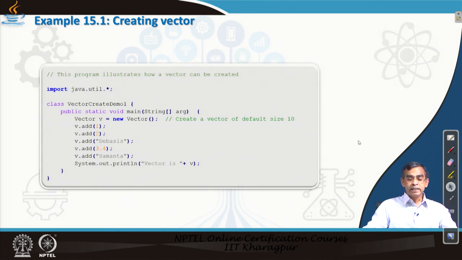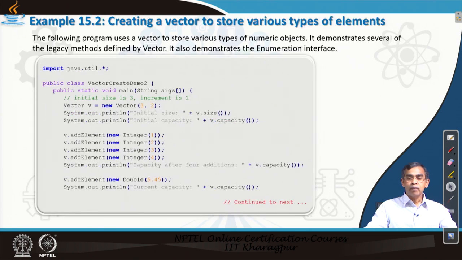Let us consider one more example, of a moderate level. In this example we want to demonstrate how a vector can store different types of objects.